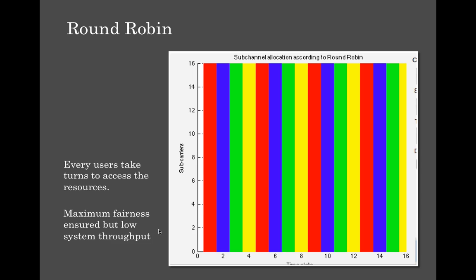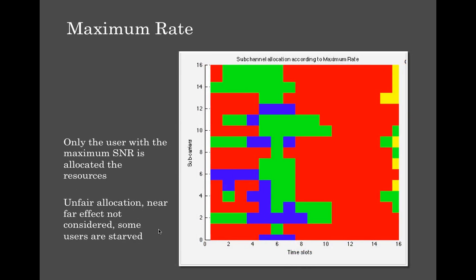As a second approach, I'm going to talk about the maximum rate. In this approach, the base station only allocates the resources to the mobile station when it has the best signal-to-noise ratio compared to the other users.